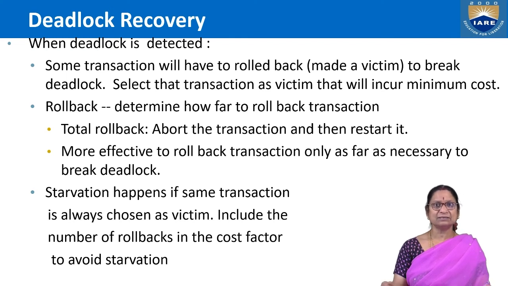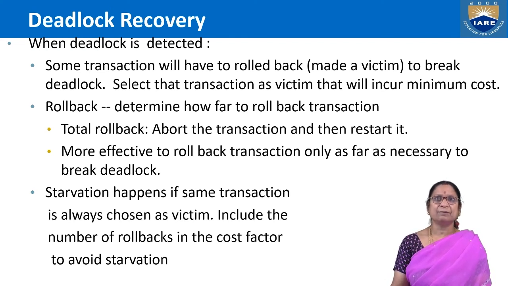So the deadlock state is broken by using this recovery technique, that is rollback. While doing this rollback, how far does the transaction have to be rolled back? Whether the entire transaction is supposed to be rolled back, or partially, that means up to the state where the deadlock can be avoided.